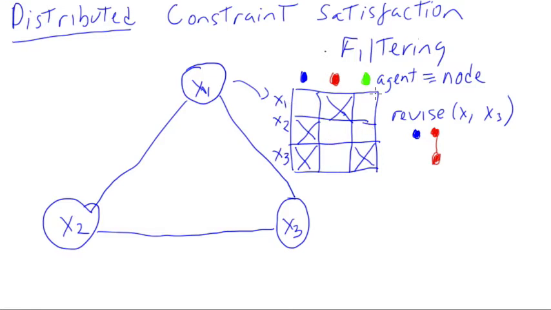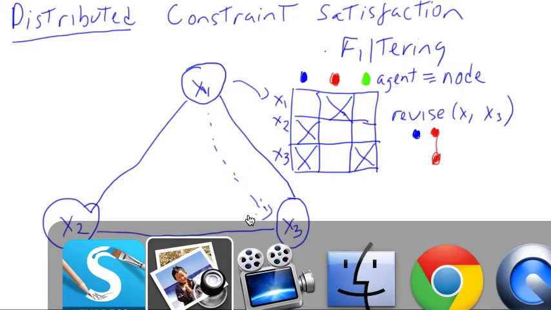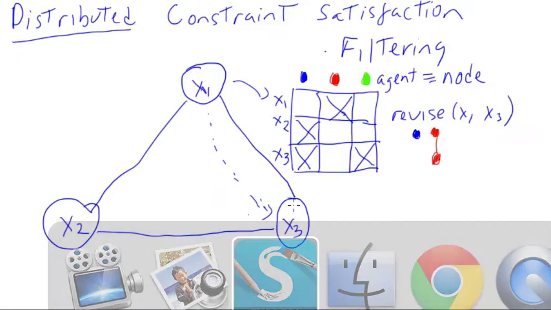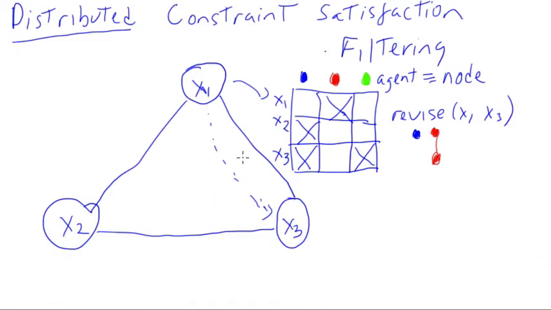So then x1 is gonna end, and he's gonna say, wait a minute. He's gonna tell blue, so he's gonna send this message to blue, which you saw here is called the handle new domain message. And in that message, he's gonna send blue that new domain that says x1 can be blue, red, but not red and green.